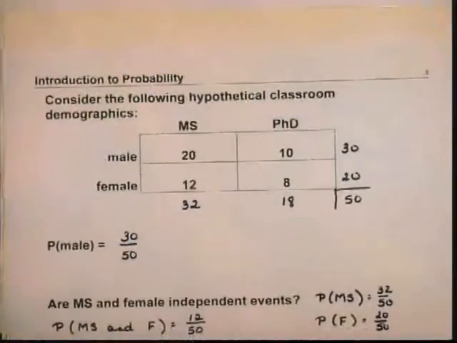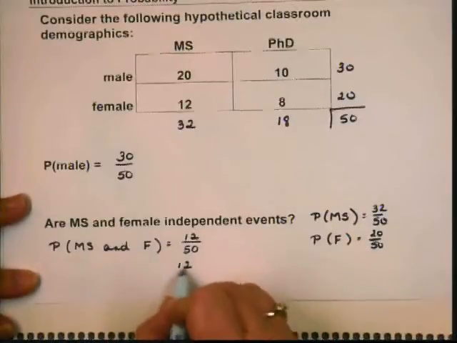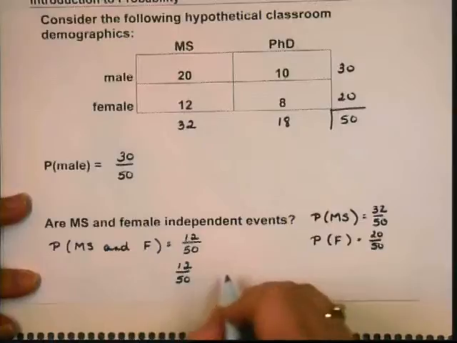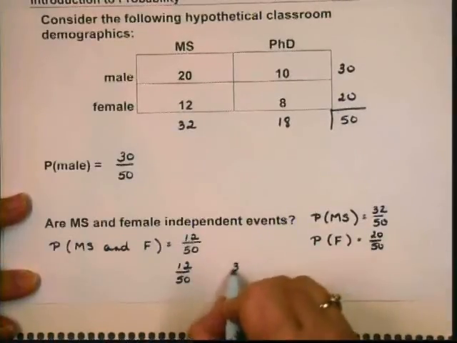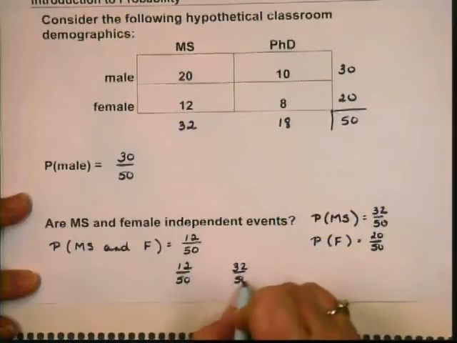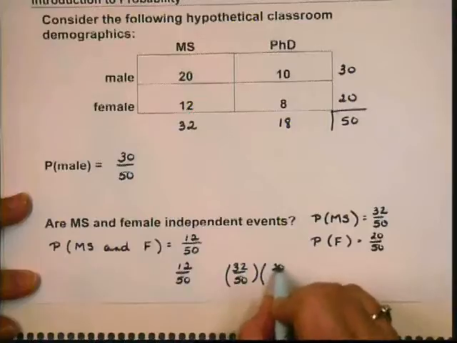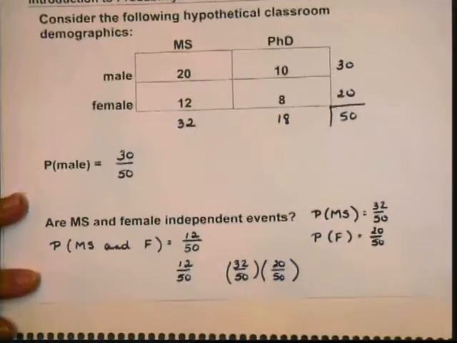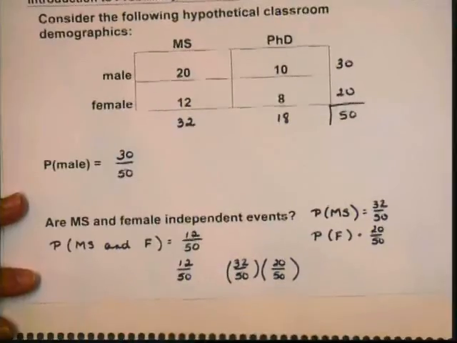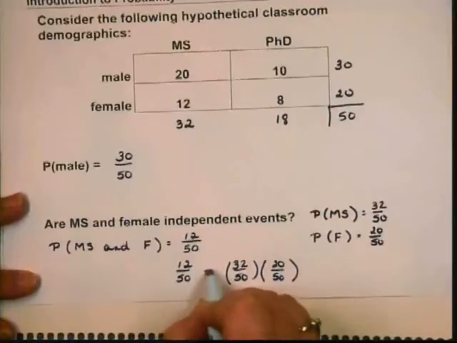So how does this 12/50ths compare to the product of 32/50ths, the probability of event A, and the probability of event B, 20/50ths? How do those compare? Are they equal to each other or not? With a quick check, you can find that they're not.